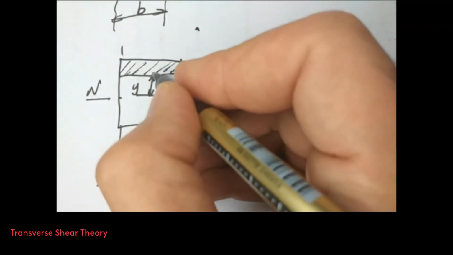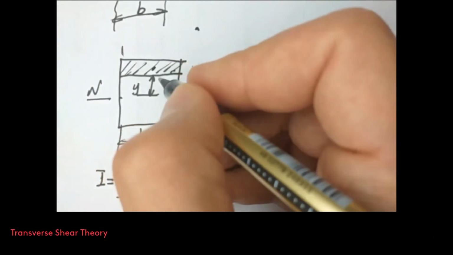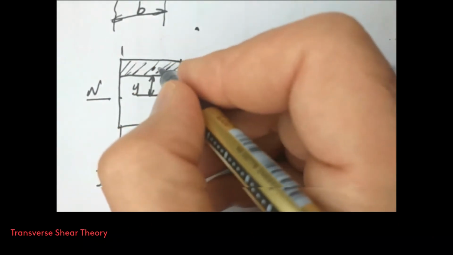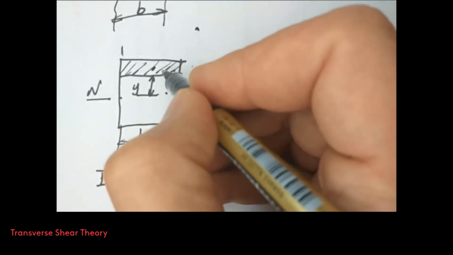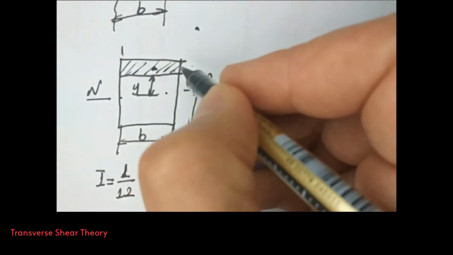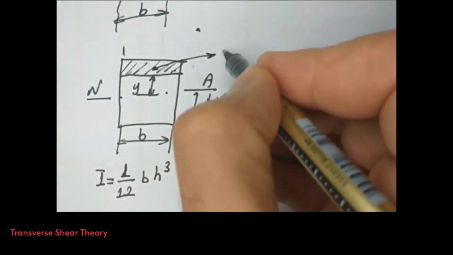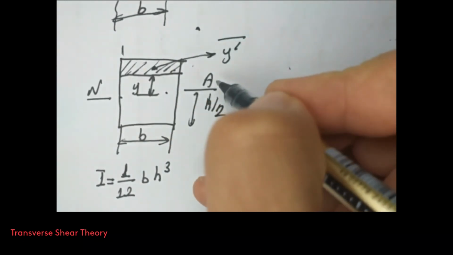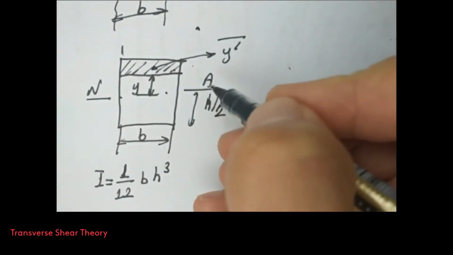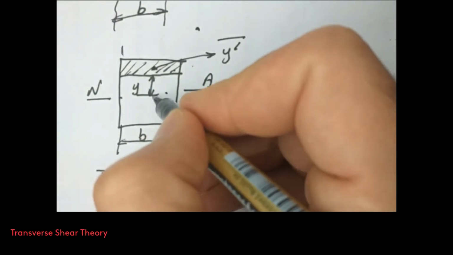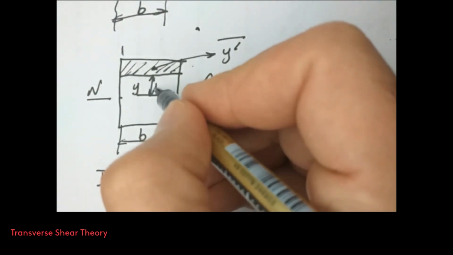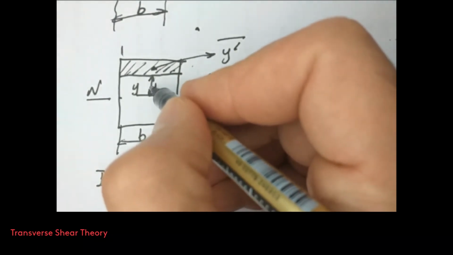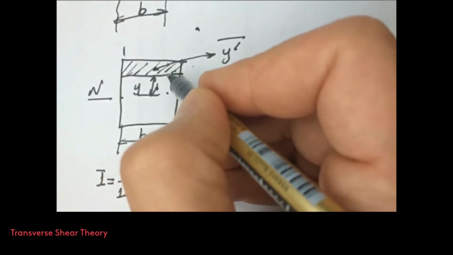Now, the centroid of this area is located at y prime bar. So y prime bar is, if this distance is y, this distance is h divided by 2 minus y.